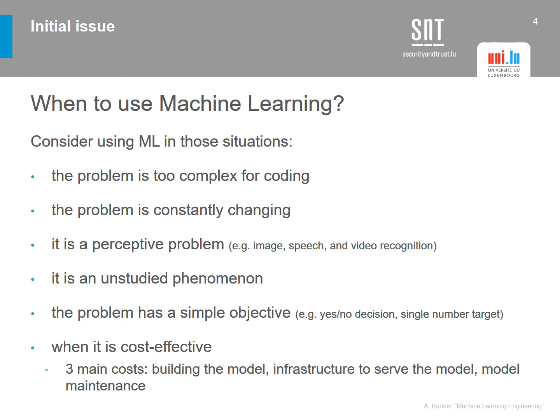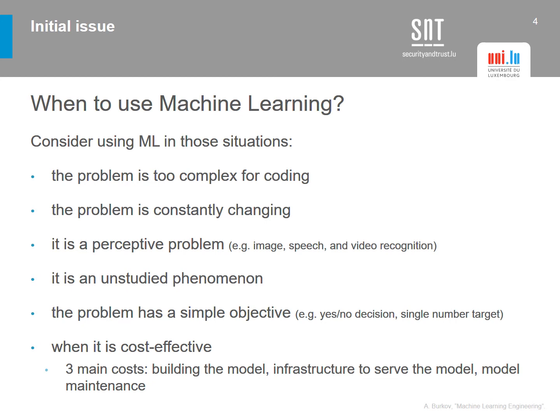So, if the problem is changing constantly, then the solution has to be more adaptive. Hence, it may be useful to use machine learning, because it will be easier to train a new model that will be adapted to the new data than it is to redo code or come up with new rules to implement and deploy.